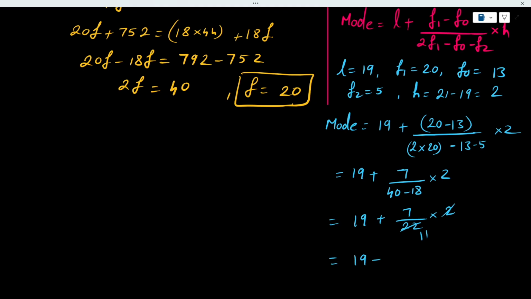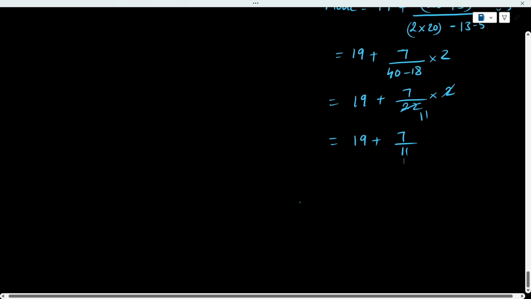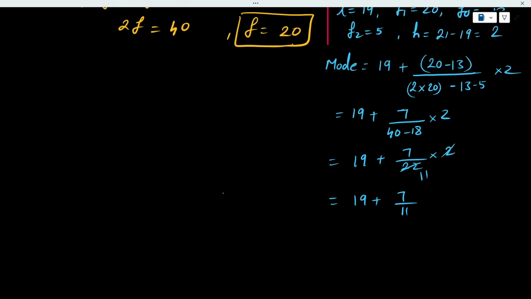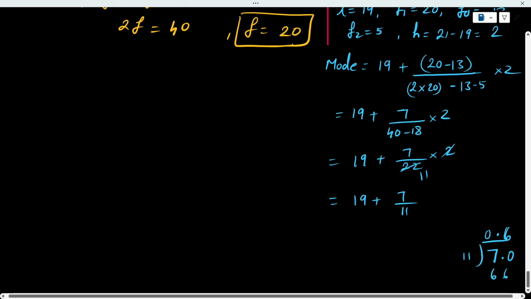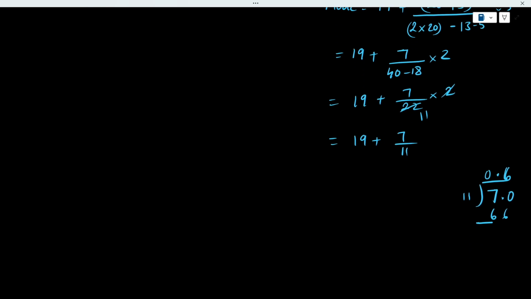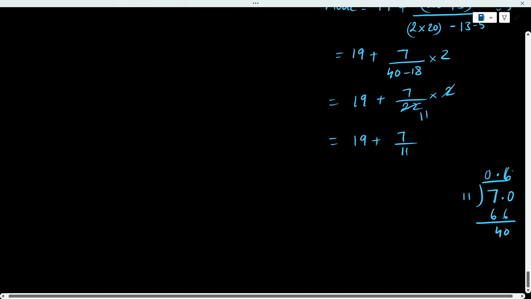Now instead of finding the LCM, I can convert 7 by 11 into a decimal, right? In the rough work you can do. So divide 7 by 11 instead of finding the LCM so that it will be easy. Now I can't divide 7, it will be 0 times. Put 0, how many times will it go? 11 sixes are 66, then 4 is the remainder here. Then again, one more 0, it will be 3 times.